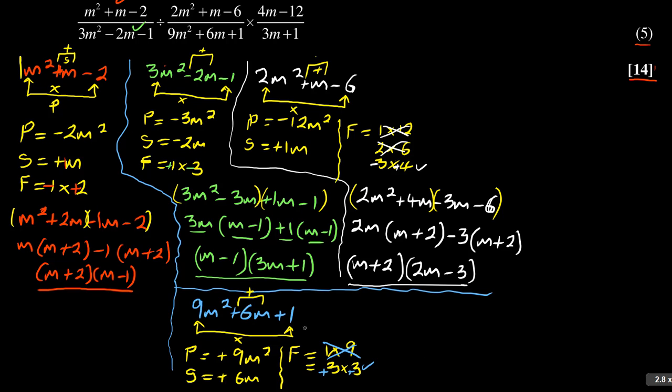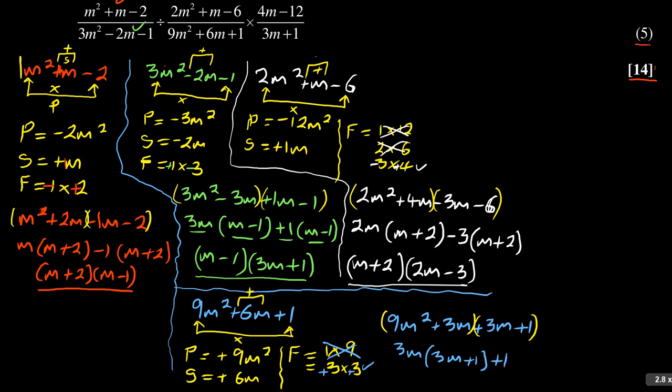So if I rewrite that, I will have this as 9m squared plus 3m plus 3m plus 1. And then if I do my factorizing by grouping, take the first two and the last two, I will have 3m being common. With 3m being common, I will have 3m plus 1.